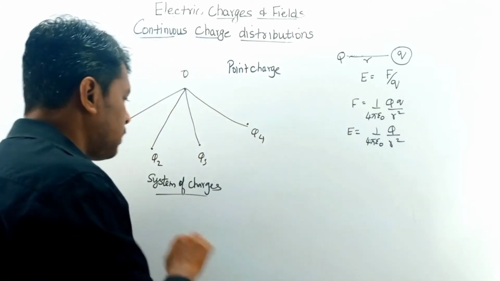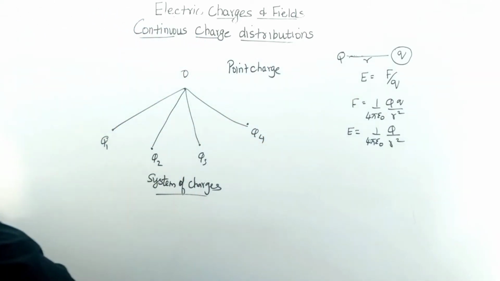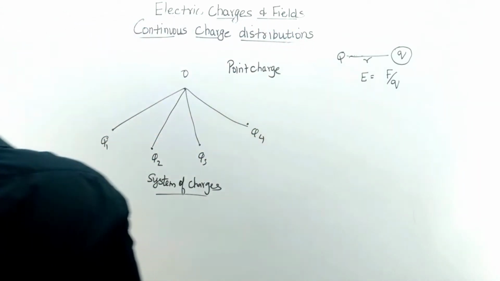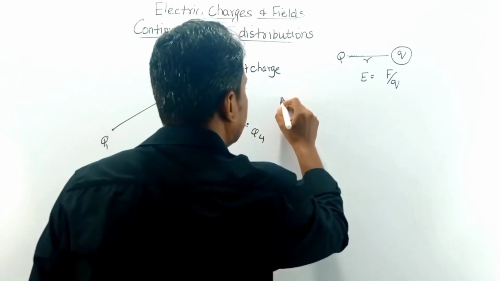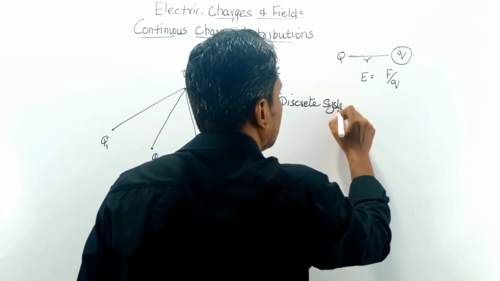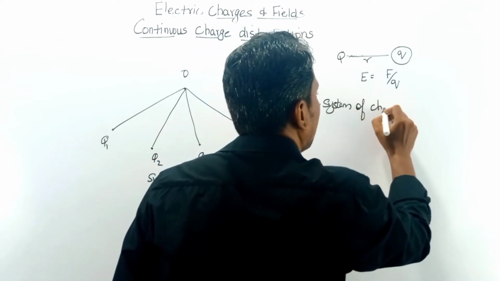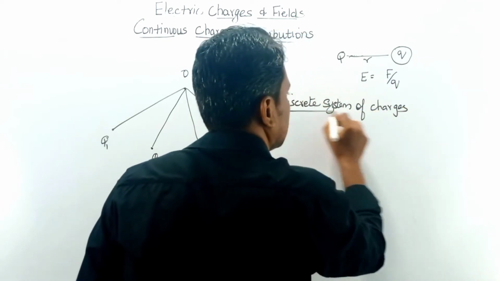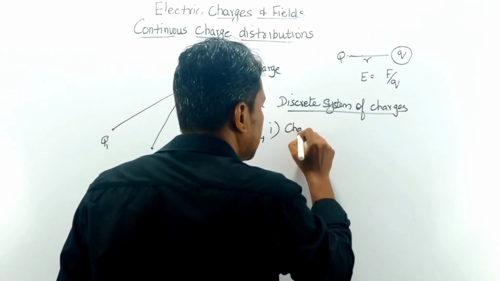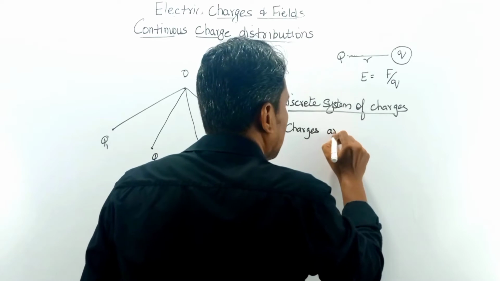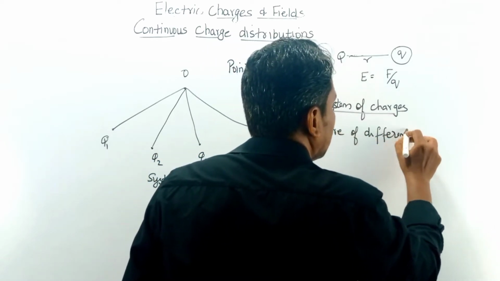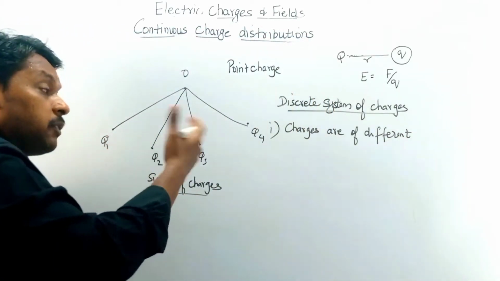This system of charges we call a discrete system of charges. What is discrete? Here, each charge is different.